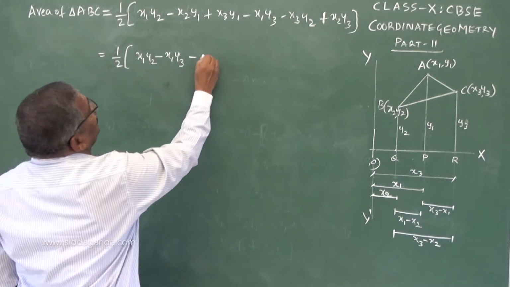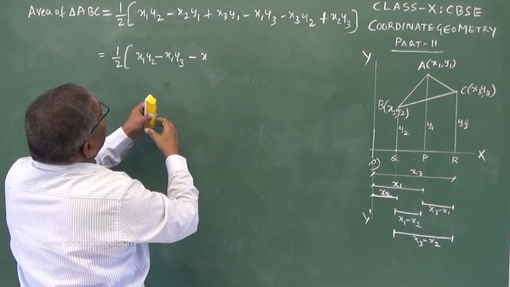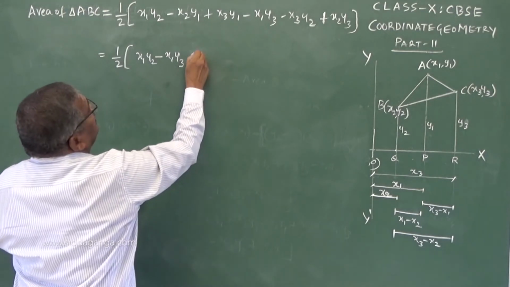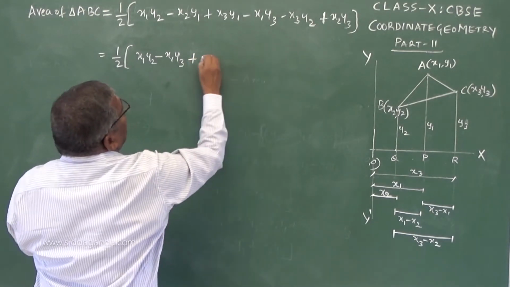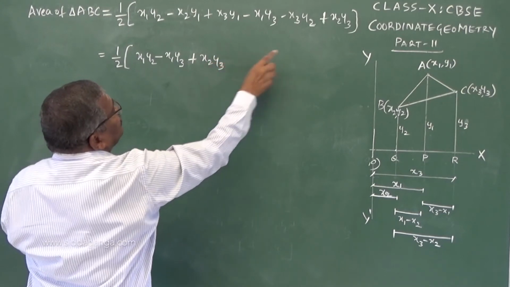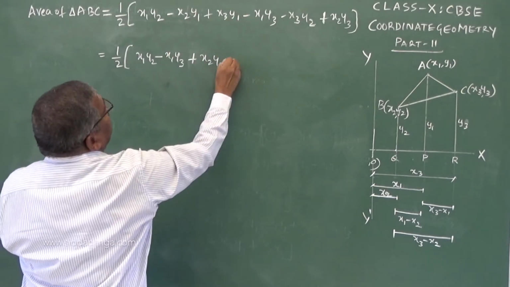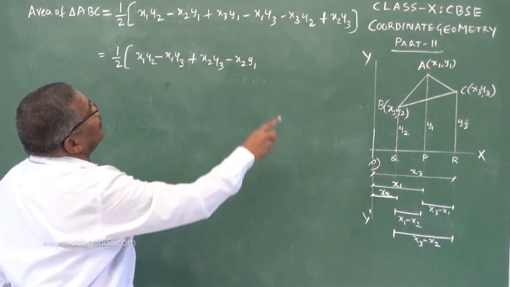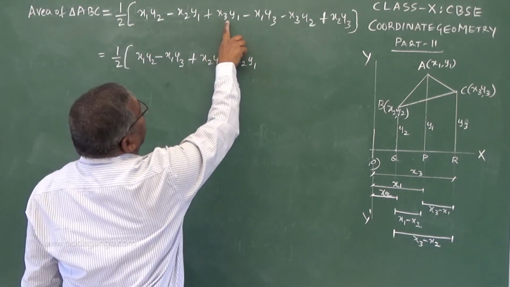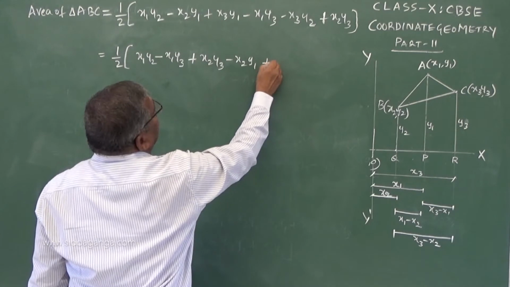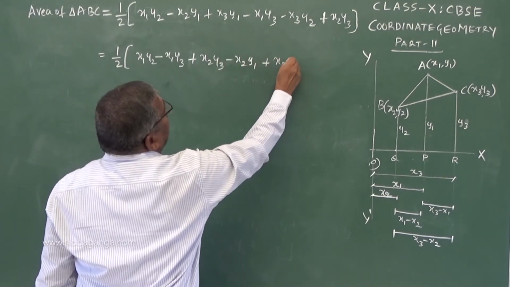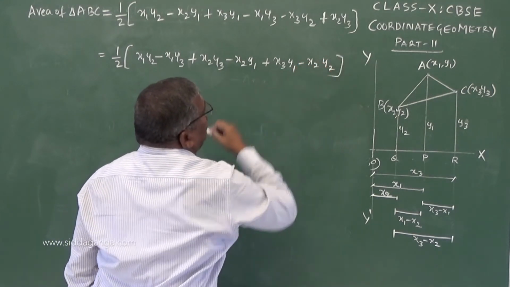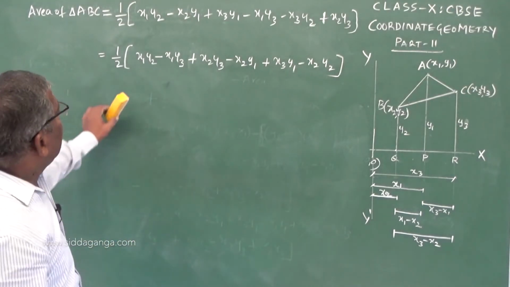Now you group those two, first I will write the positive value, plus x2 y3 minus x2 y1. Now x3 values, here is one, here is another one, plus x3 y1 minus x3 y2. So I have just rearranged, that's all.